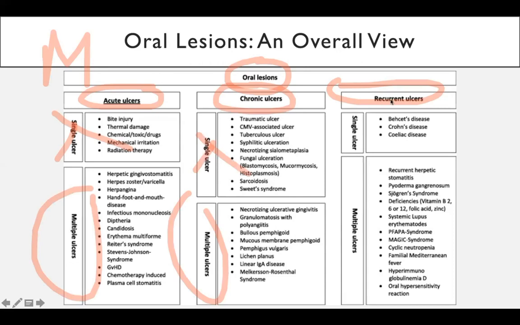And then in recurrent, we studied some of them, like Behçet's disease. And then we studied, though we do not have it here, recurrent herpetic stomatitis. Okay, perfect. So this is an overall view. You can study by yourself. These are all the lesions or diseases which cause oral manifestations.